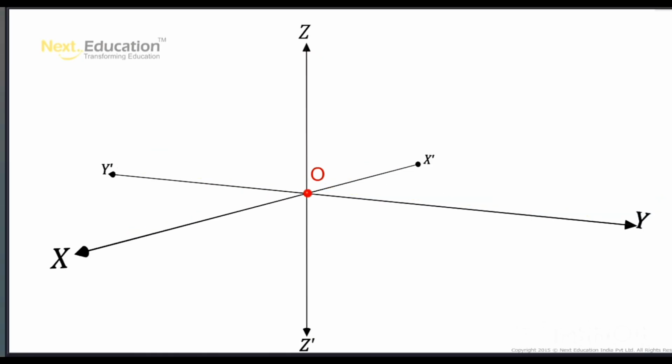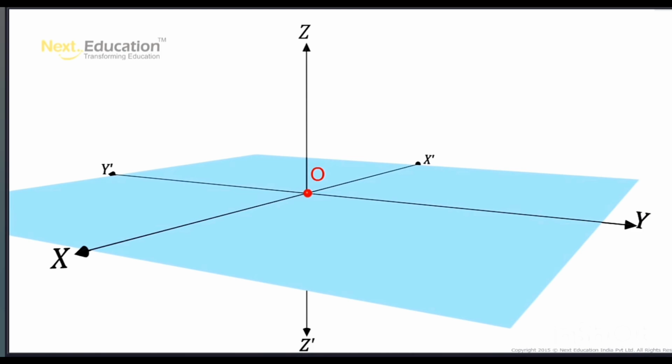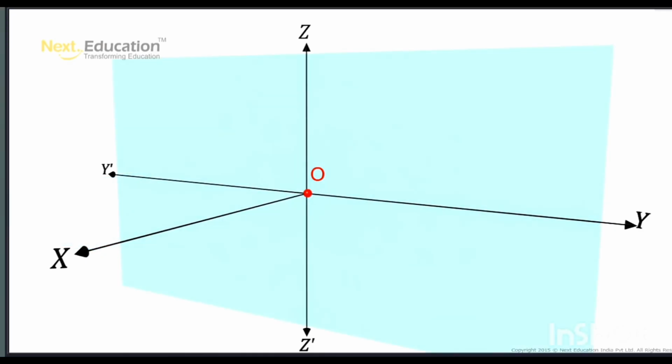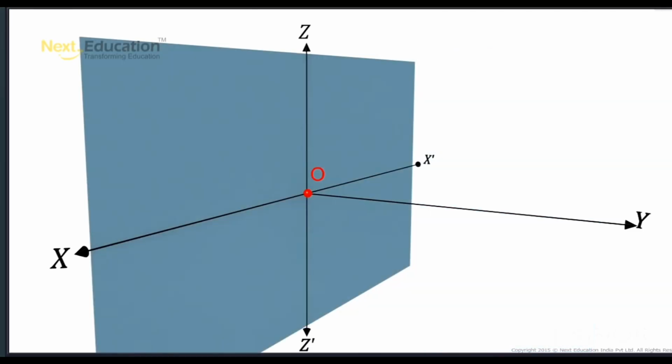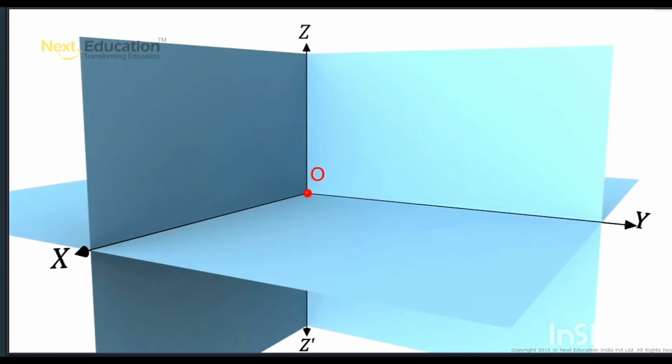The plane formed by the x and y axis is called the xy plane. Similarly, the plane formed by the y and z axis is called the yz plane. And the plane formed by the z and x axis is called the zx plane. The xy plane, yz plane, and zx plane divide space into 8 octants.